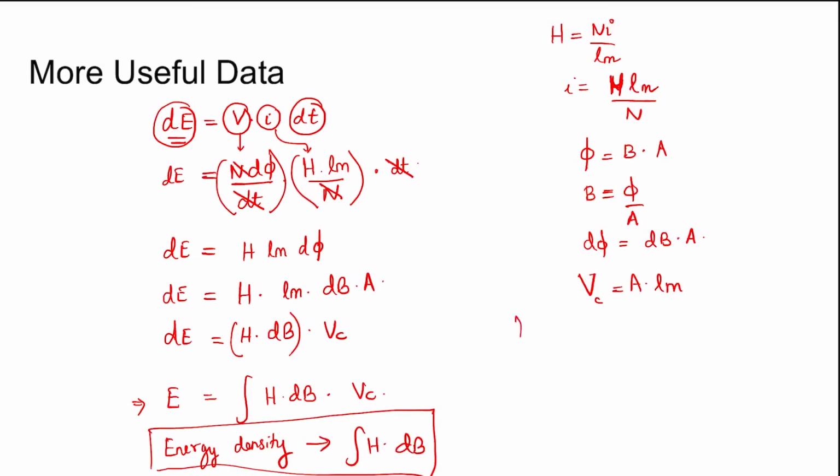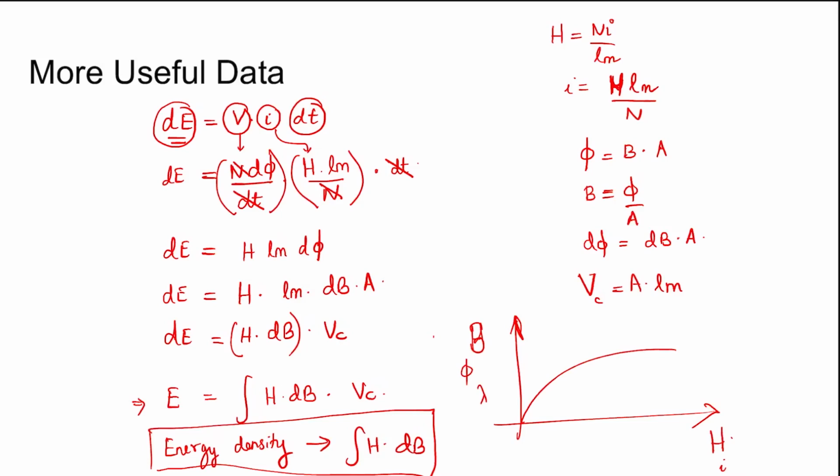Now you see, this is the BH curve. Also I told you this is the phi versus I curve. Also I told you this is the lambda versus I curve.